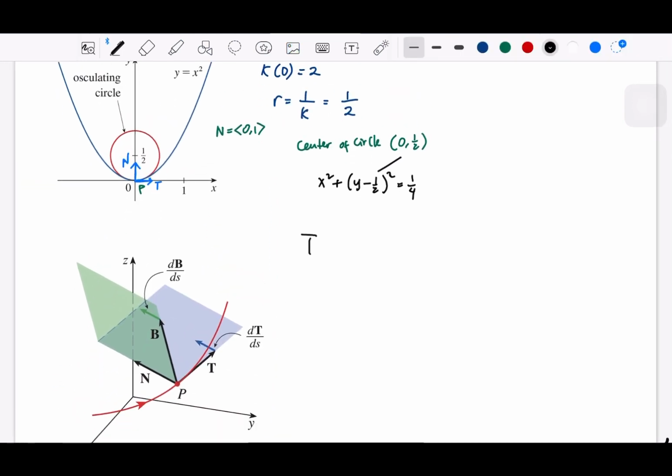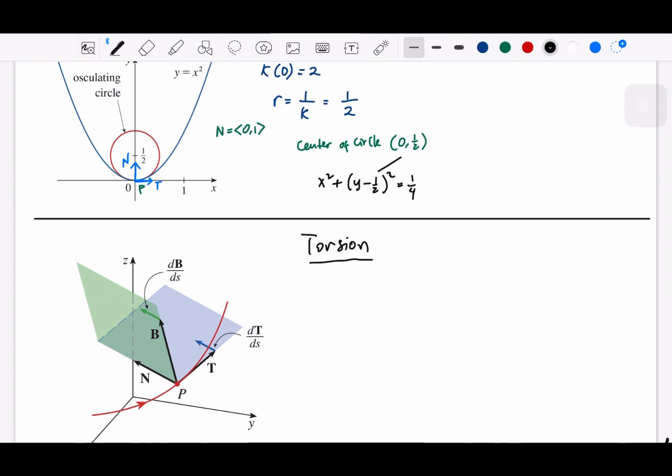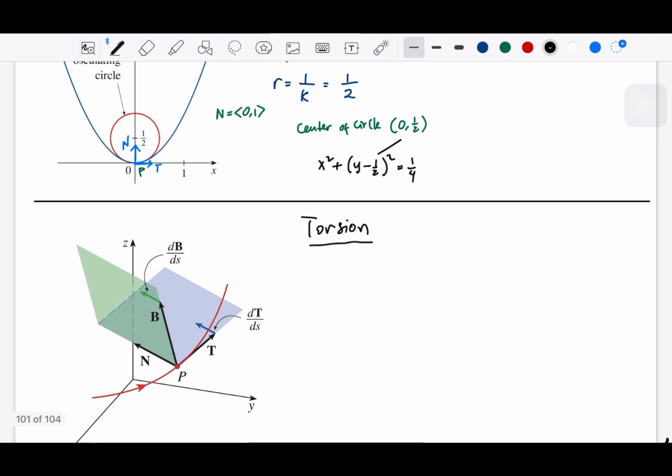So next is the torsion. So if we see this picture here, okay, remember that the curvature is dt over ds, right?